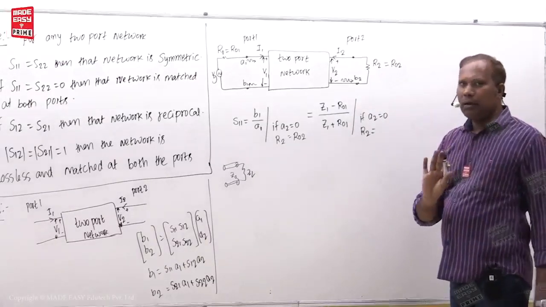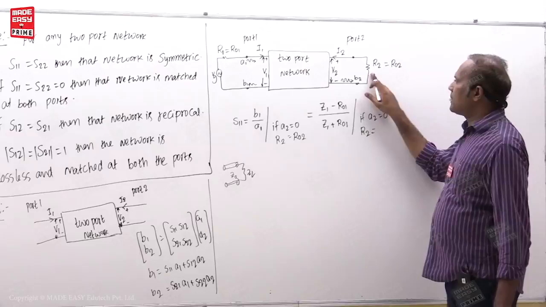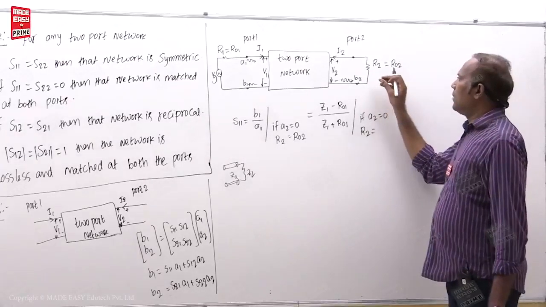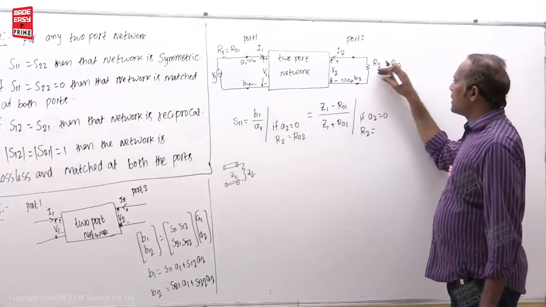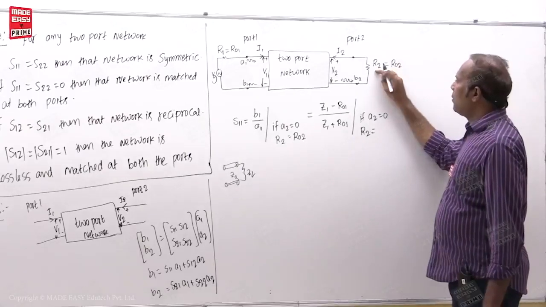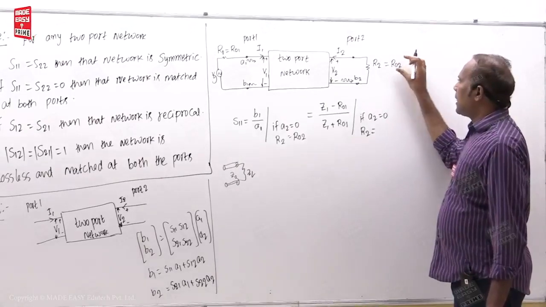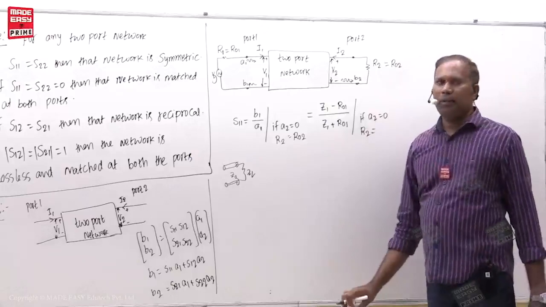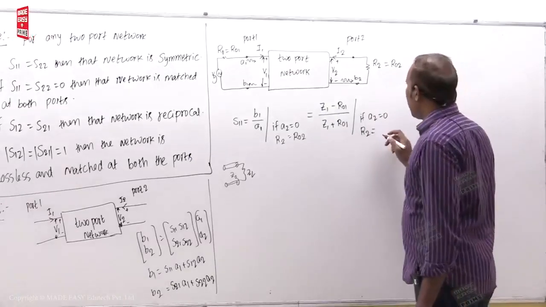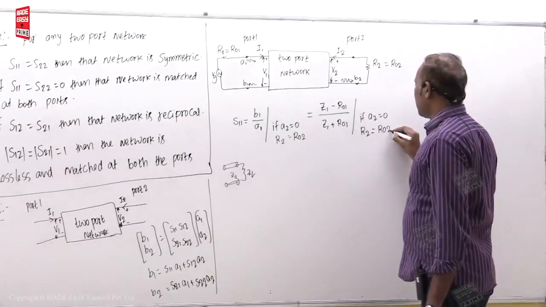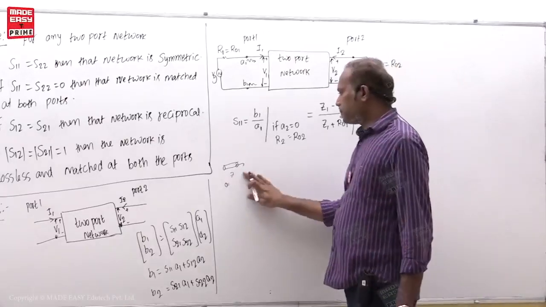It is that simple. Now by connecting some resistance in series or parallel, we can change that value. We change this value in such a way that you get R02, that is called the reference impedance at port 2. So R2 becomes R02.